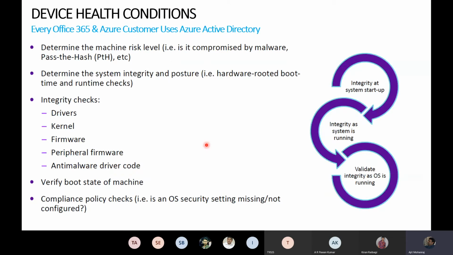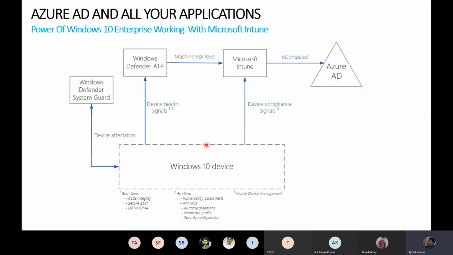On Intune, I just want to touch upon one part: Windows Intune is able to manage devices, manage applications, and also give us a lot of telemetry based on whether the device is compromised, whether it has an antivirus, or the required browser version. All that good stuff is what Intune does, and that's where Windows 10 becomes so good, because look at Windows Defender System Guard or Windows Defender ATP, all of those pieces.